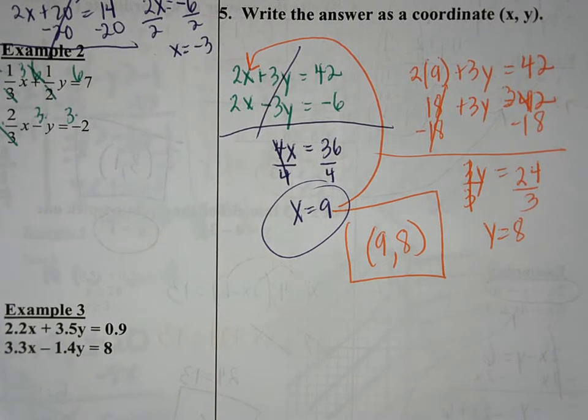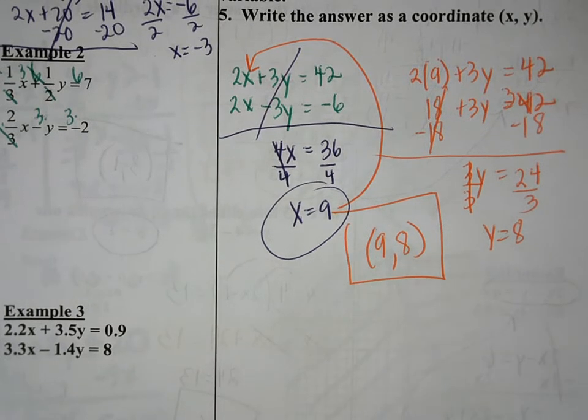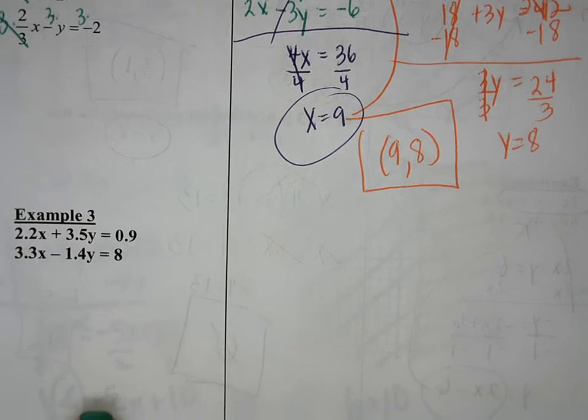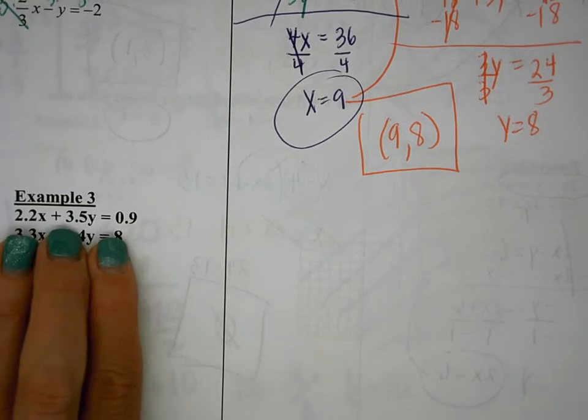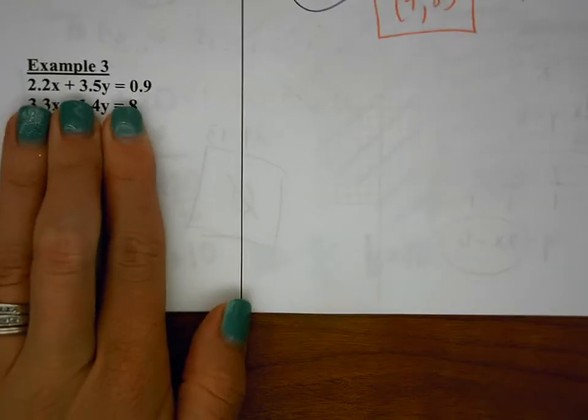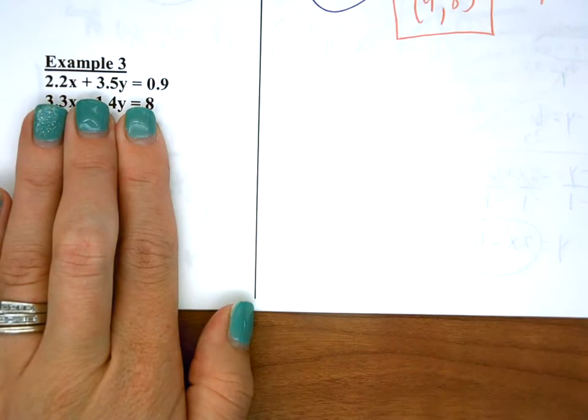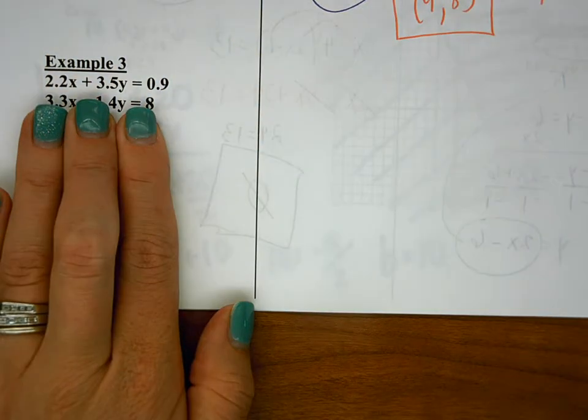Example 3, who remembers how to get rid of decimals? Good, so if we look at the first equation, how many numbers are behind the decimal place? 1 for all of them, right?